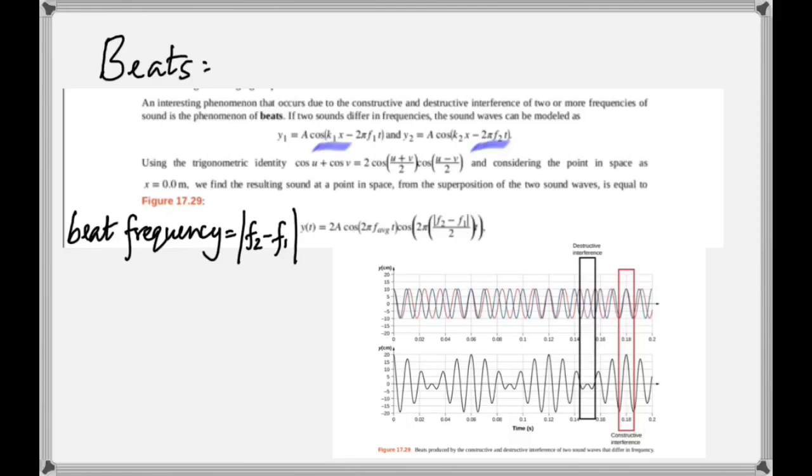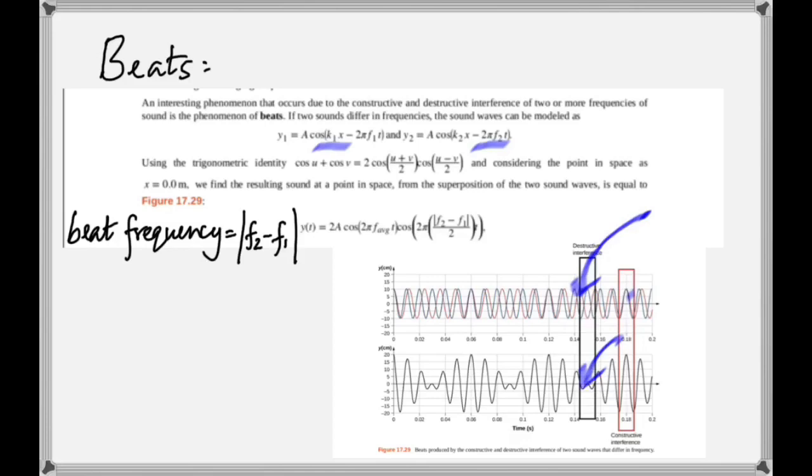And by using the trig identity, you get this as the equation. And you see, this is the part where you get the beat frequency from. And finally, we come to Doppler effect. And before even we go there, of course, you see where the sound rises here because the waves are in phase, and then you have destructive interference here where they cancel out.